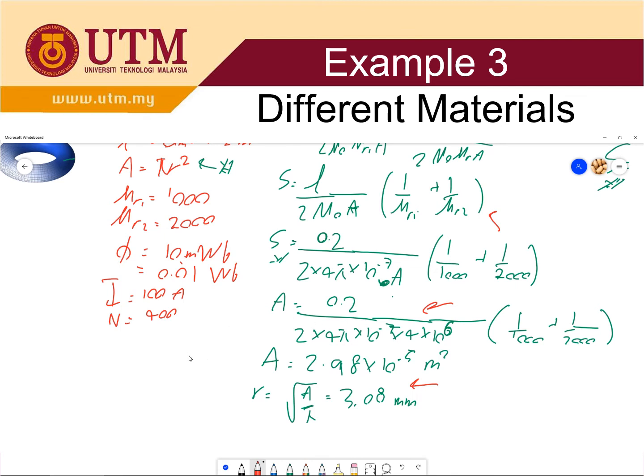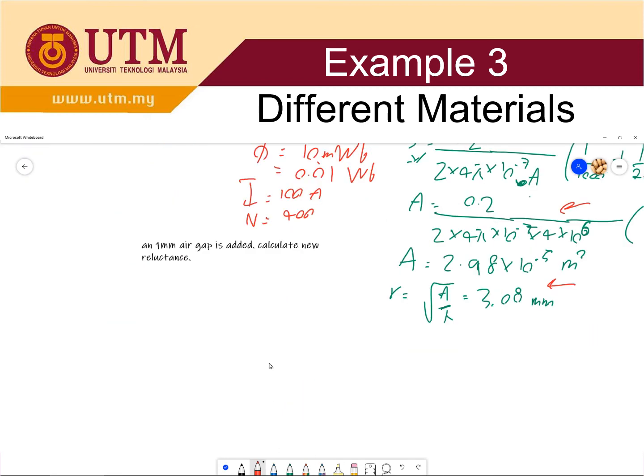Sometimes the question that involves different materials also involves the air gap. Let me finish the question first. Usually the question continues with an air gap added: a 1 millimeter air gap is added, calculate the new reluctance.